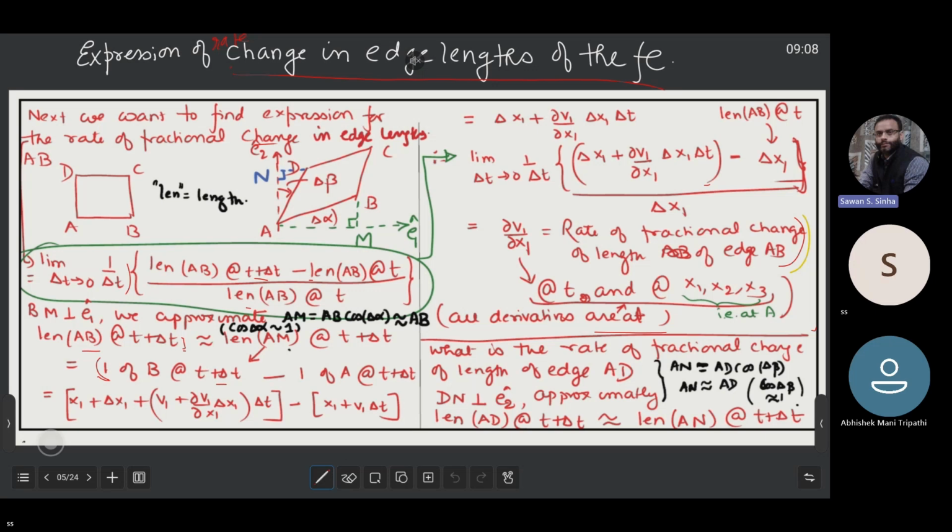Then in the last class, I was trying to get an estimate of this angle, delta alpha. So AB at time t was along e1, but at time t plus delta t, it tends to misalign by this angle delta alpha. Similarly, AD, which was originally along e2 direction at time t, tends to misalign, and it develops this angle delta beta, which is shown here.